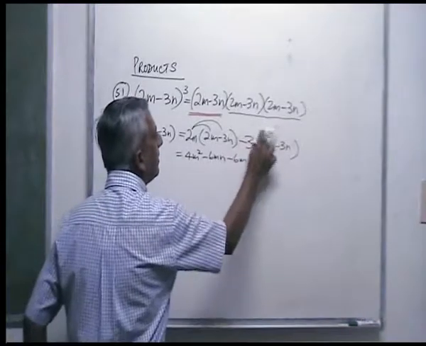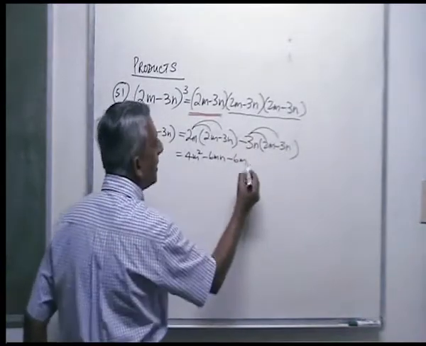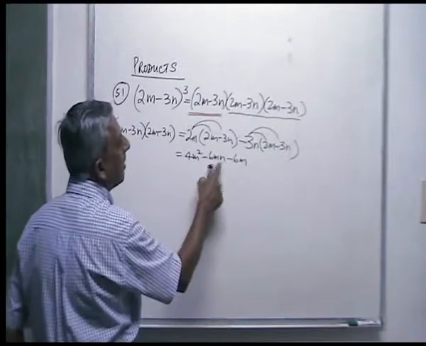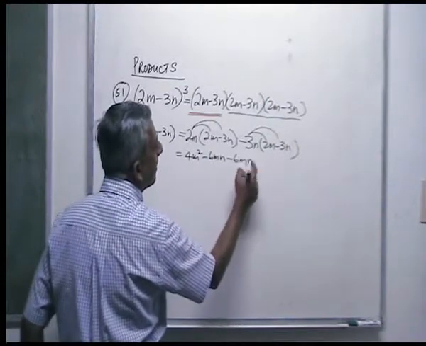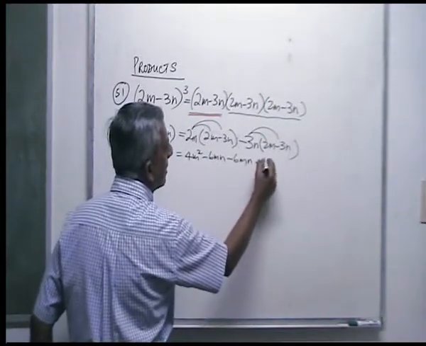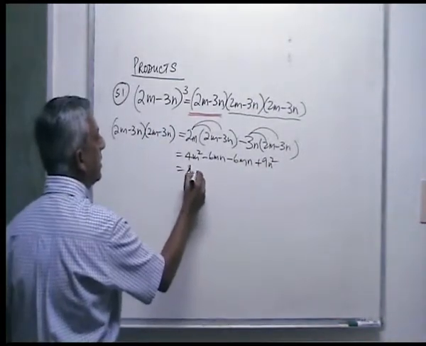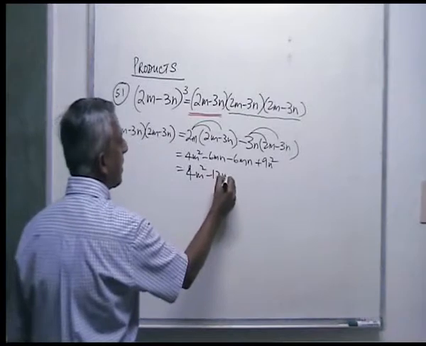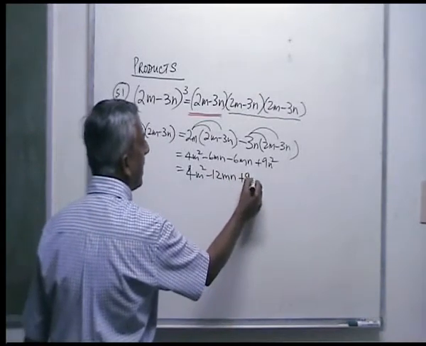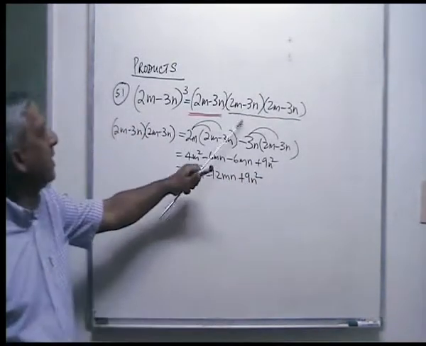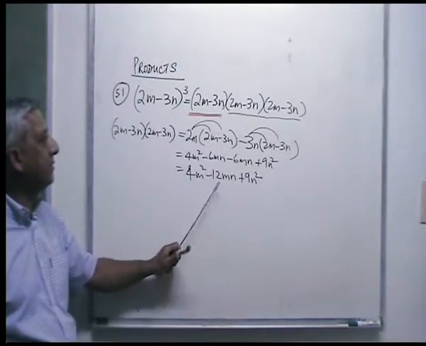Then you're multiplying there and there. So you got your minus 6mn plus 9n squared, which is equal to 4m squared minus 12mn plus 9n squared. So I finished multiplying that and I've got the answer.